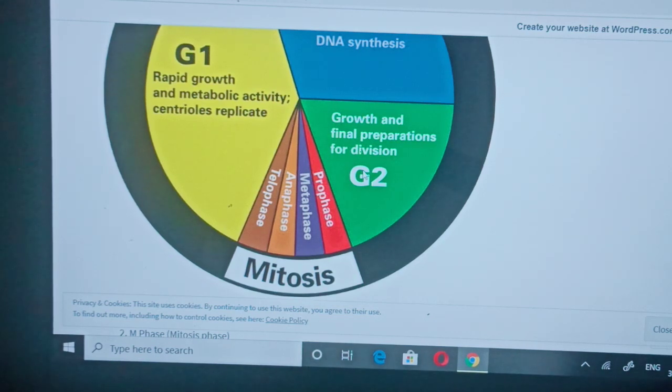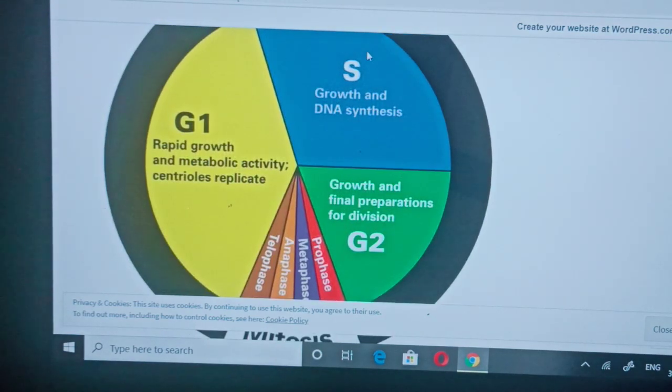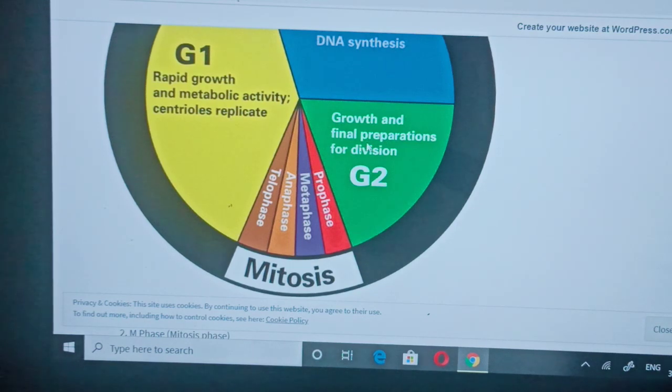So here, after the G2, when the metabolic activity, centrioles replicate, then growth and DNA synthesis, and then growth and final preparation for division is done, then it goes to the first phase, that is called prophase. Then it comes to the second phase, metaphase, then anaphase, and then telophase.